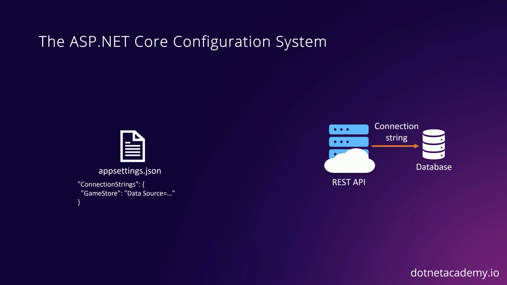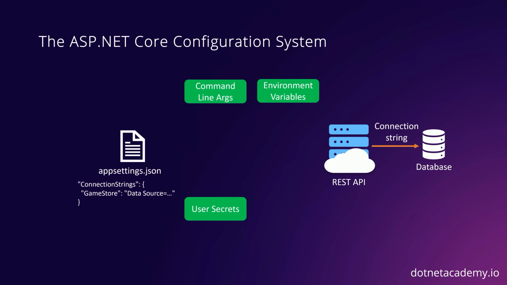Now, the appsettings.json file is what is known as a configuration source. And just like that one, there are several other configuration sources supported in .NET applications, like command line arguments, environment variables, user secrets, and even cloud-based configuration sources like Azure Key Vault.